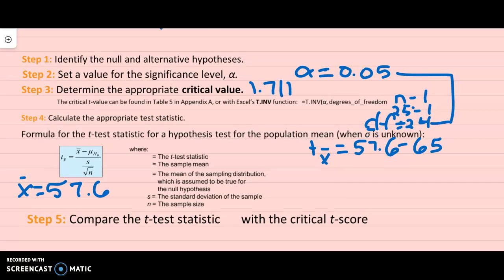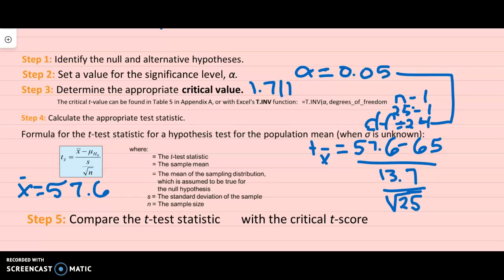That's your hypothesis. And then divided by the standard deviation of the sample, and that was given to us in the problem, 13.7, and then divided by the square root of n, which is 25.